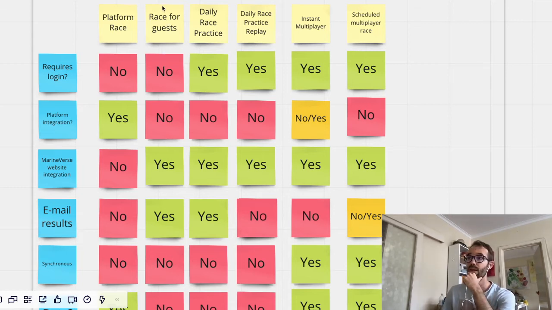In that sense, race for guests is the same because it also doesn't change and it's always the same. Having said that, race for guests is almost a special kind of daily race. It's special because it's for guests and it doesn't change, whereas daily race practice races have a 24-hour window where you can submit your result and everyone else can submit their results.